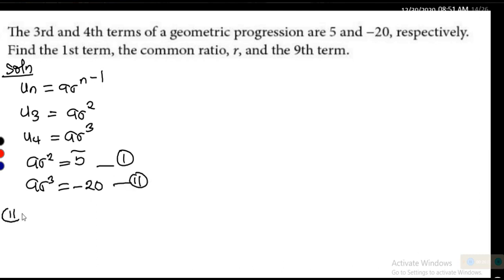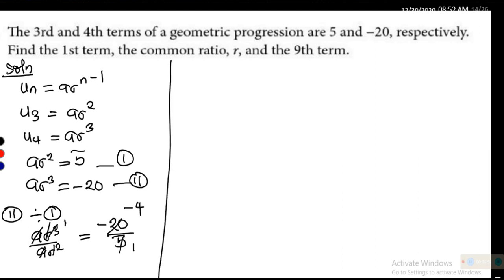So finding the common ratio, we divide equation 2 by equation 1, and we have ar cubed over ar squared. This cancels this, we have r equals -20 over 5, this 5 here, and -4. So therefore r equals -4.